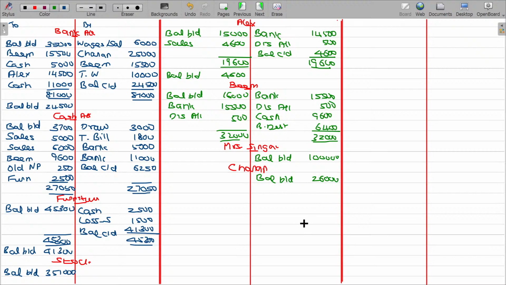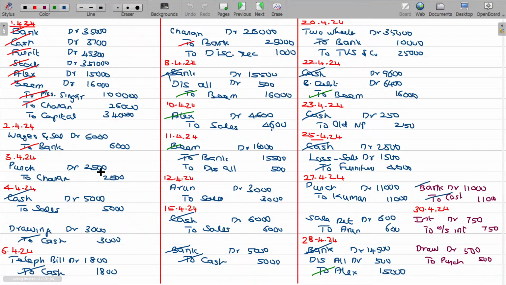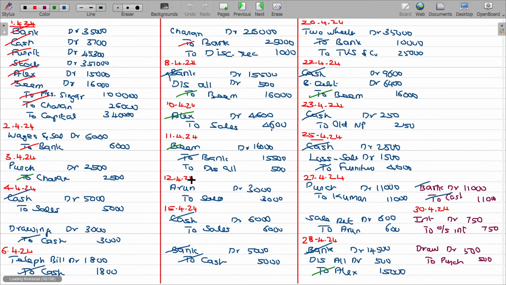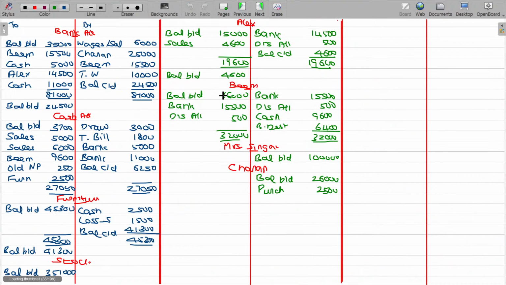Find out the transaction related to Charan during April. Of course, there is a further purchase, by purchases 2,500. What more activities are there with Charan? Here is a payment, to bank, to discount receipt. To bank 25,000.